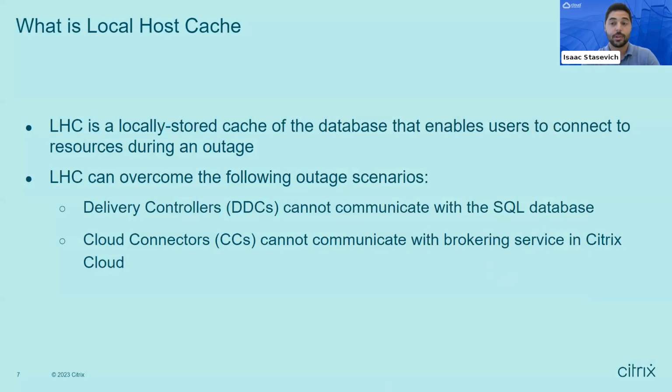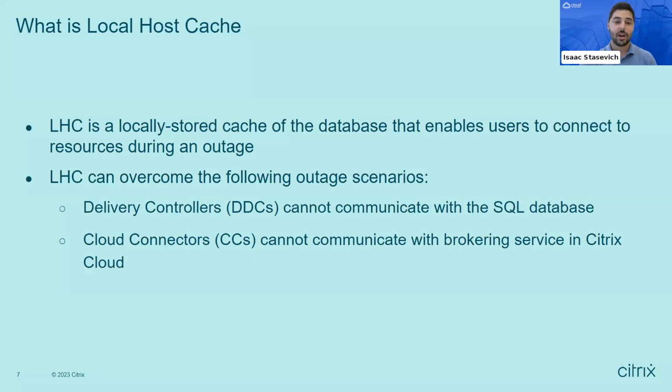That's if your delivery controllers are having issues communicating with the SQL database, that could be a network connectivity issue or some type of outage in your SQL database. Or if your cloud connectors are having issues communicating with the broker service in Citrix Cloud.